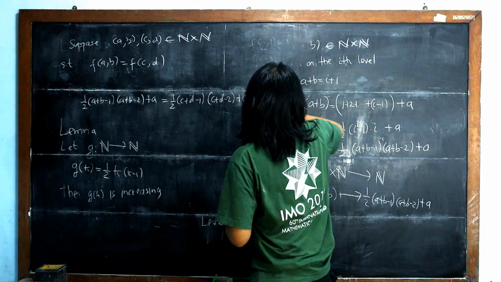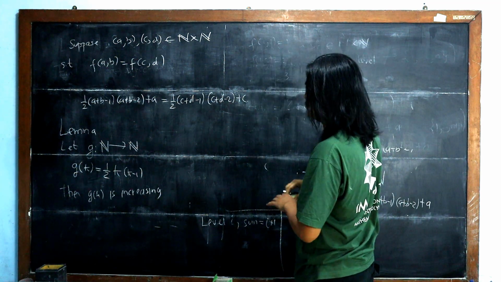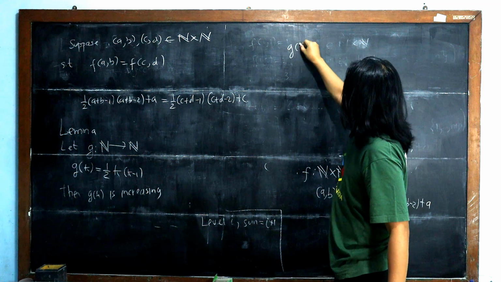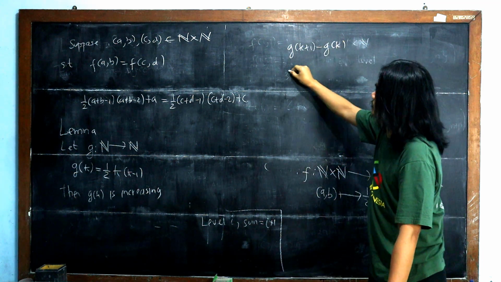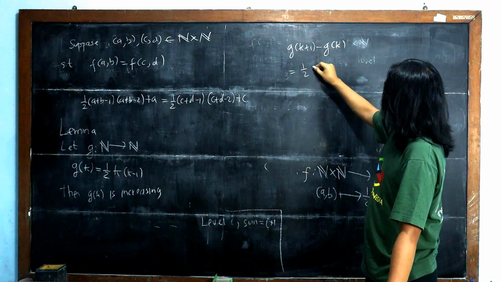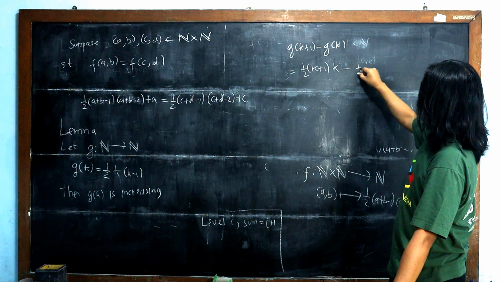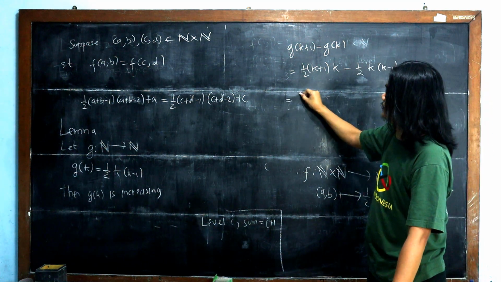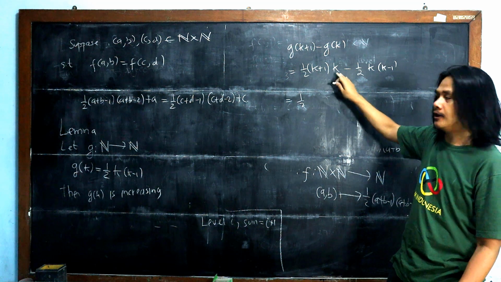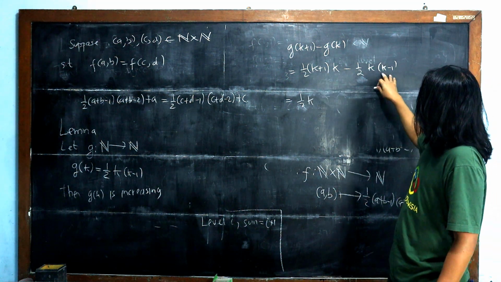So to look at that, let's compute the difference between g(k plus 1) minus g(k). It's going to be half of (k plus 1)k minus half of k times (k minus 1). You can factor out the half of k, so it's times (k plus 1 minus k plus 1).